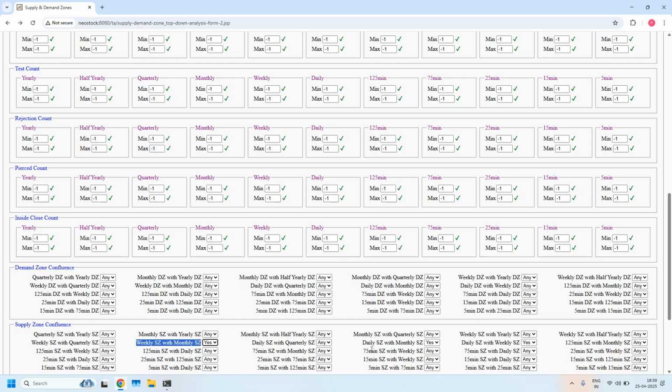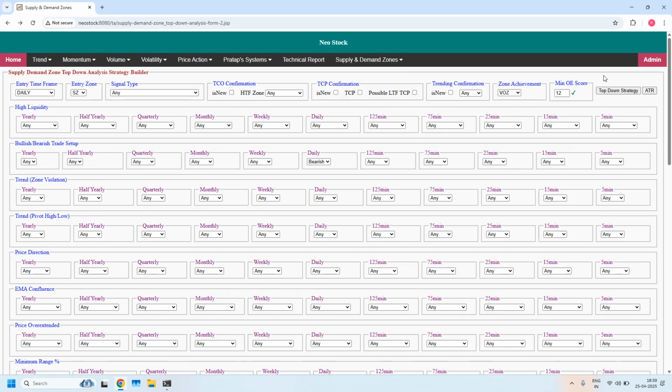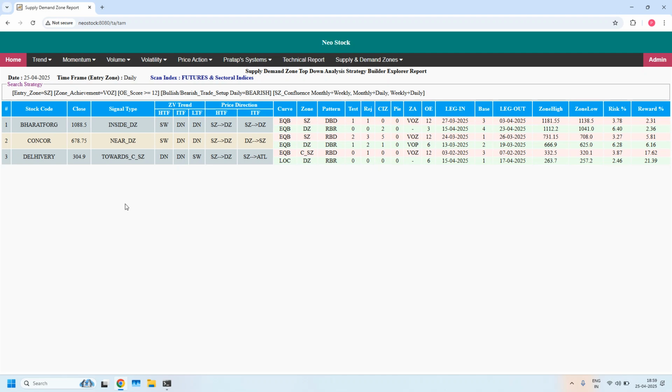With all three filters, we got all three stocks. That means in all three, the daily, weekly and monthly supply zones are overlapped with each other. Okay, because the daily overlapped with weekly, both together overlapped with monthly.